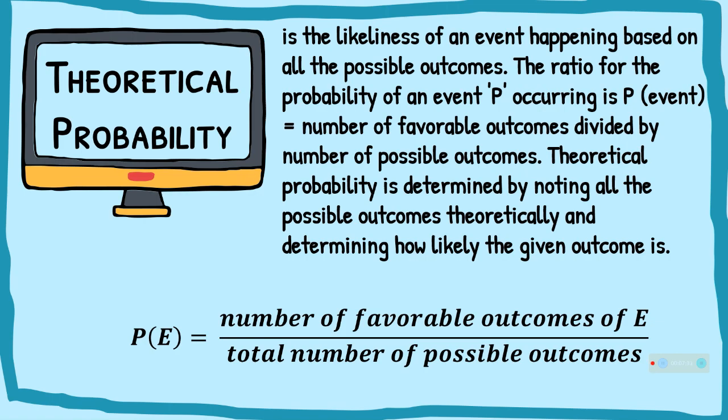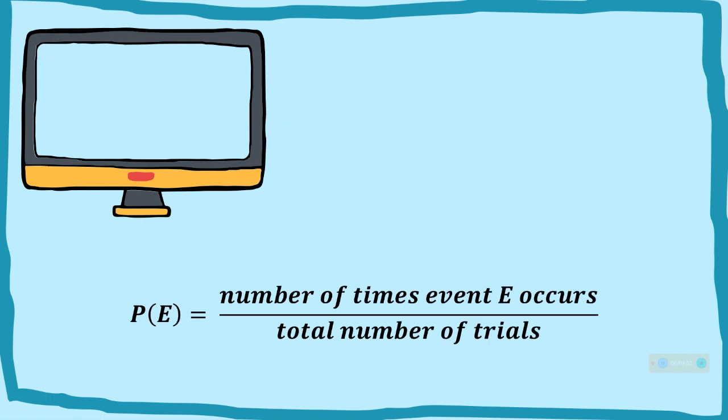It is the number of favorable outcomes divided by the number of possible outcomes, just like what we have before. Theoretical probability is determined by noting all the possible outcomes theoretically and determining how likely the given outcome is. So again, we have here the formula of theoretical probability: the number of favorable outcomes of the event divided by the number of possible outcomes.